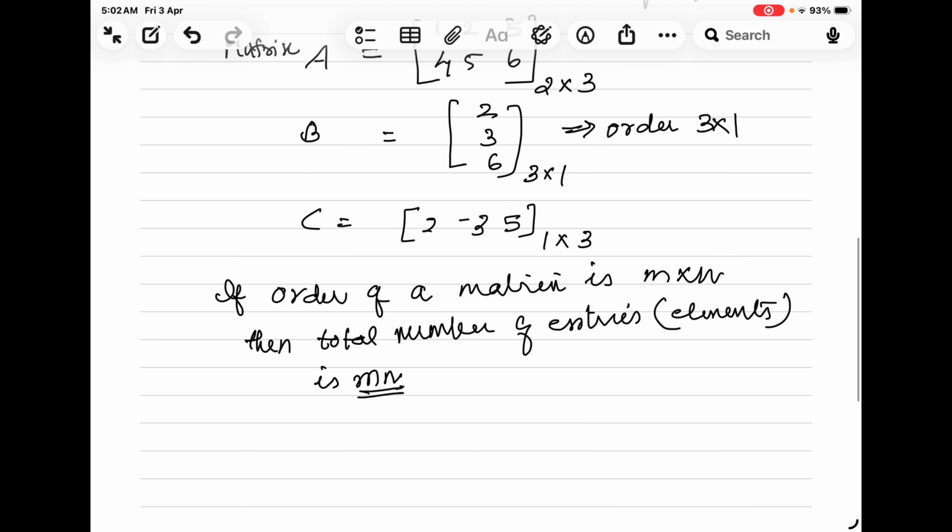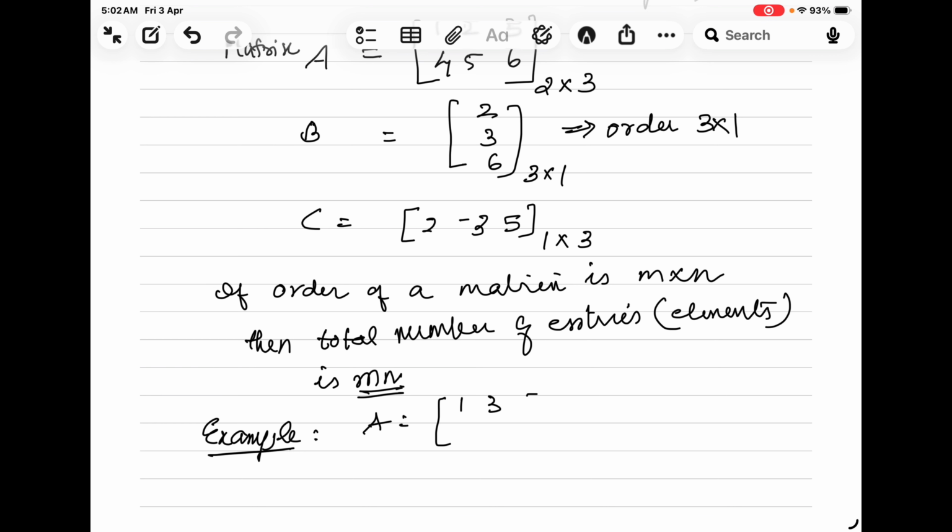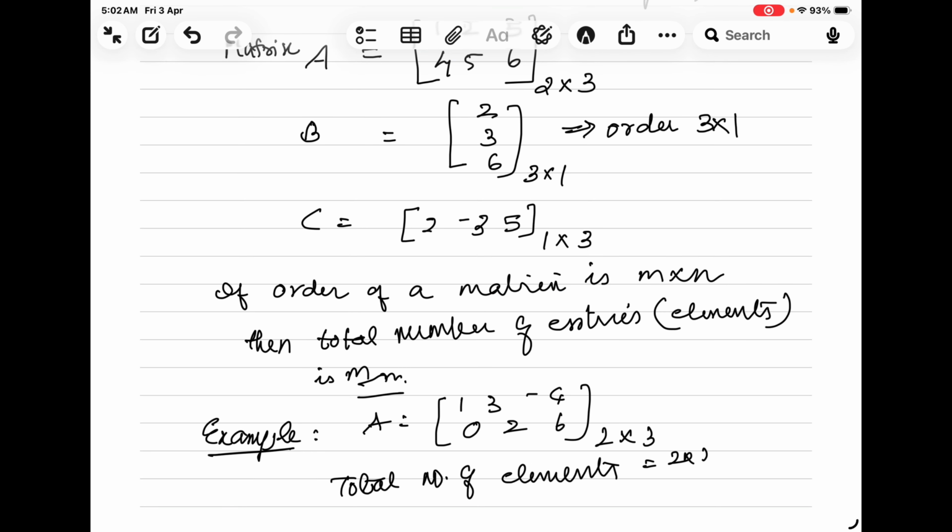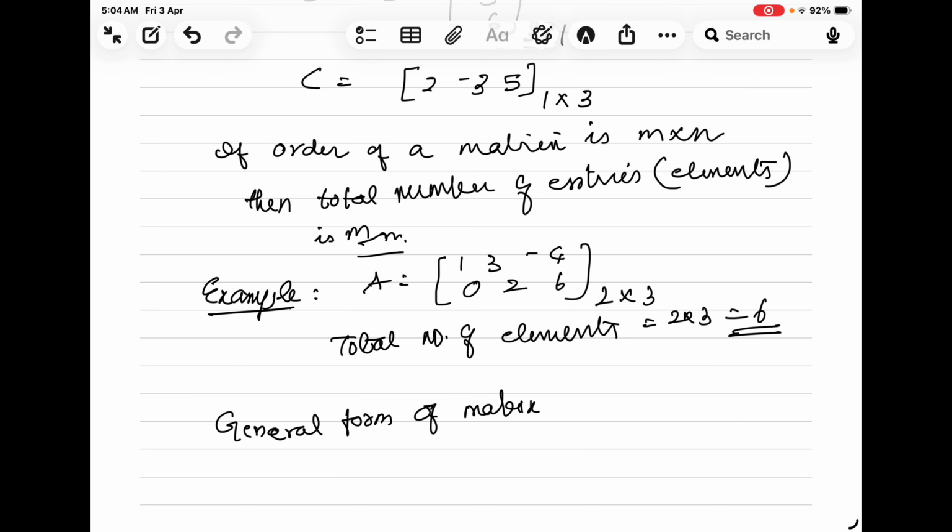For example, A equal to matrix 1, 3, negative 4, 0, 2, 6. Then order is 2 by 3 and the total number of elements is 2 into 3, which is equal to 6.